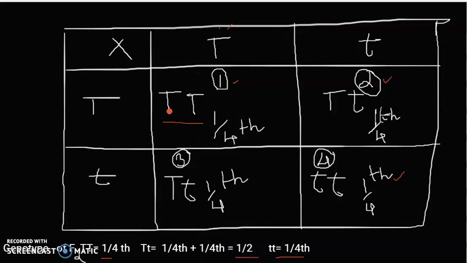Do you understand? In the F2 generation we have got 3/4 of them as tall, and only through this phenotypic appearance called tall we can't say whether a particular tall plant has capital T capital T or capital T small t.